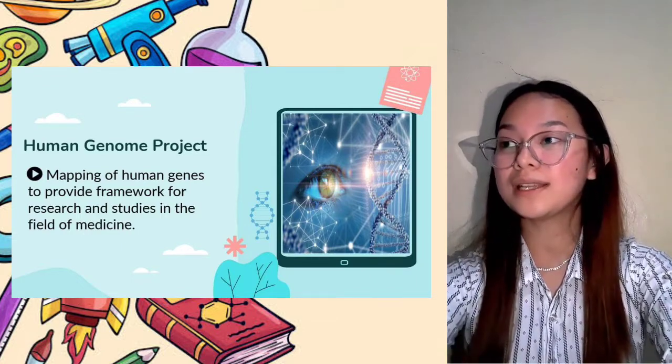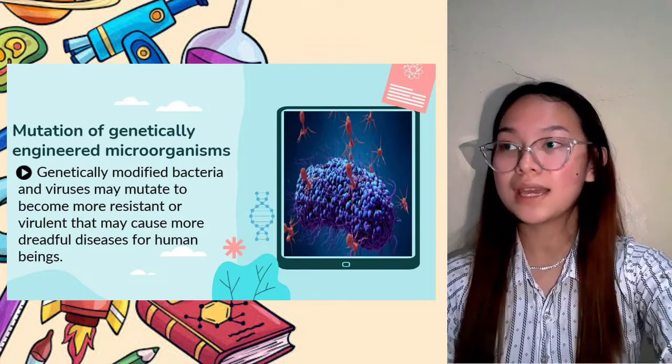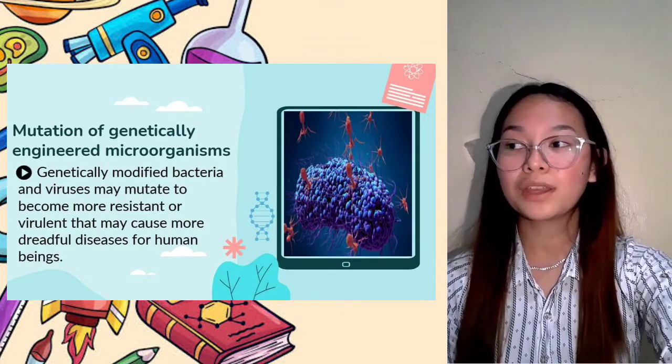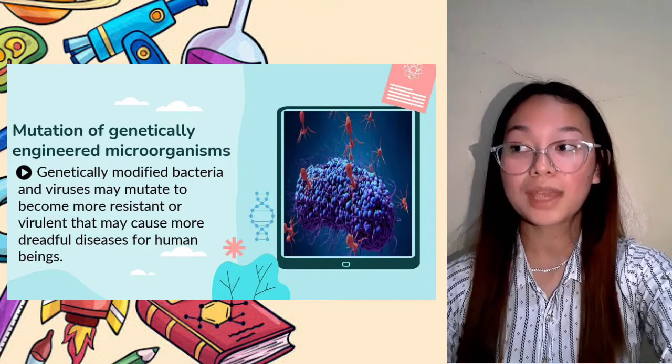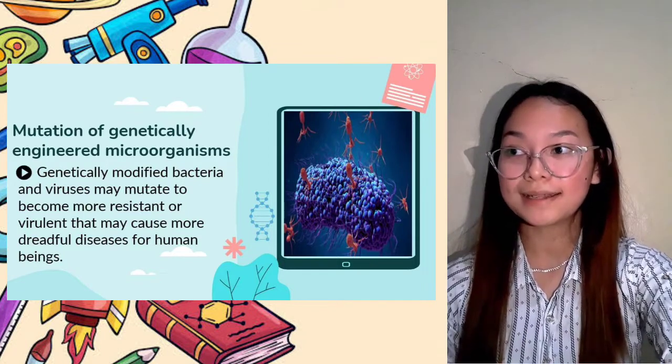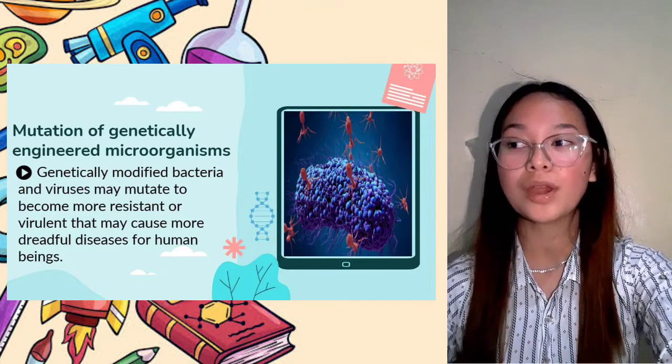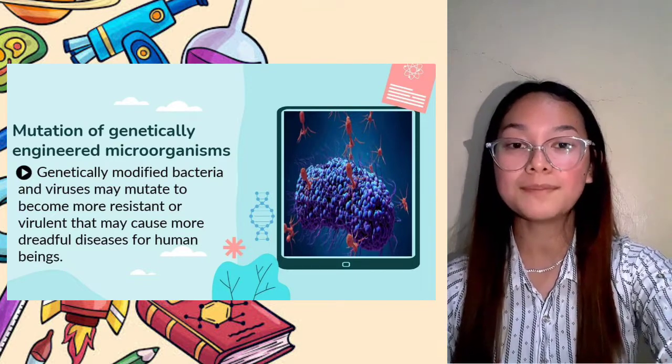And the second one is mutation of genetically engineered microorganisms. So genetically modified bacteria and viruses may mutate to become more resistant or virulent that may cause more dreadful disease for human beings.